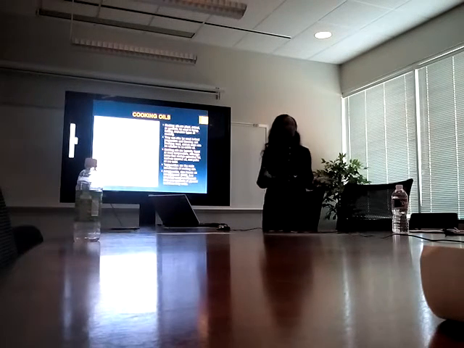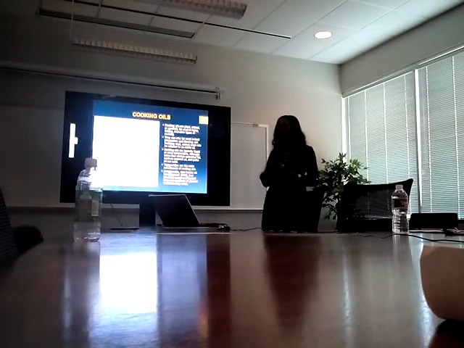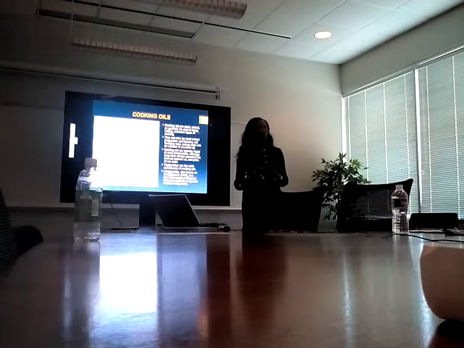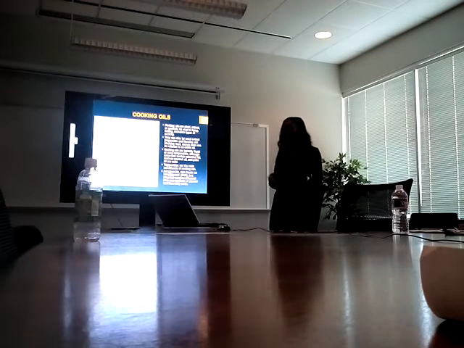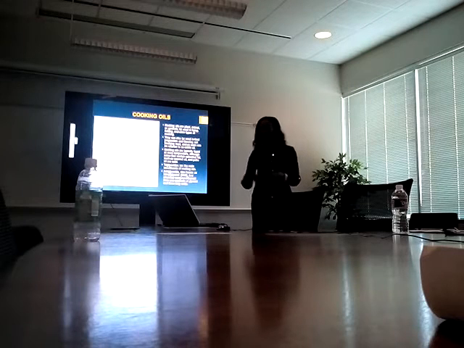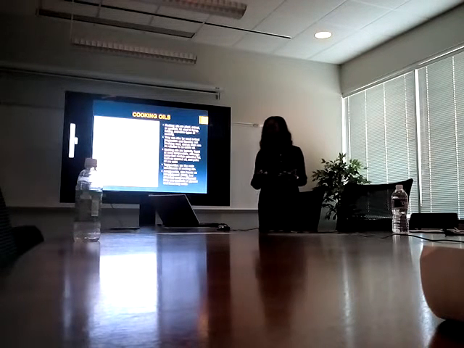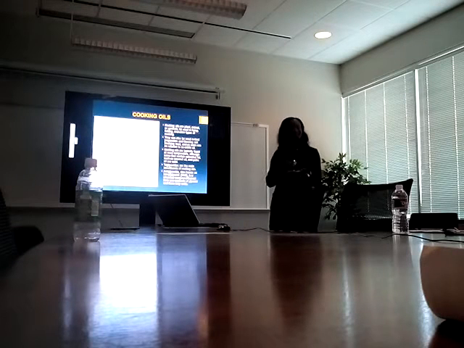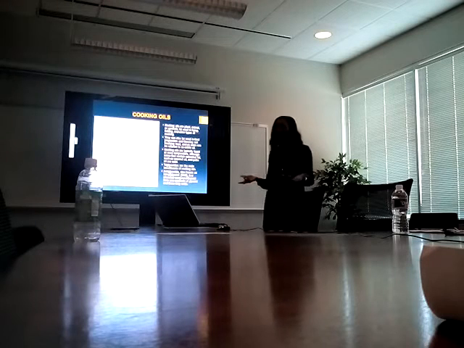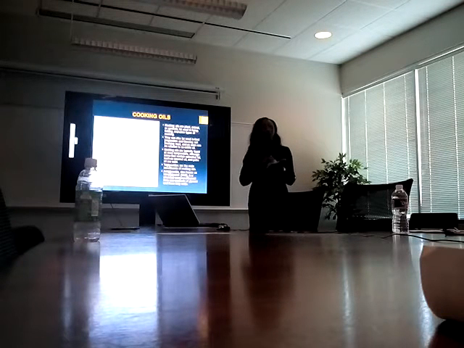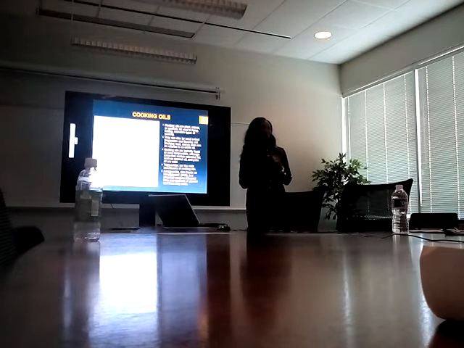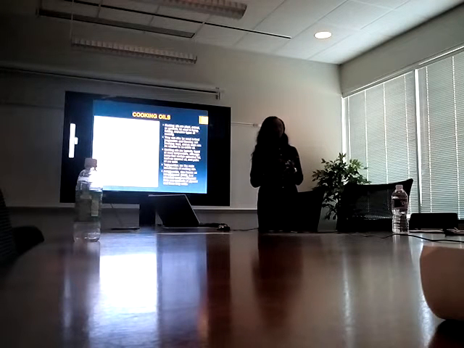The very first one is cooking oils. What are cooking oils? Cooking oils are plant, animal, or synthetic fats that are used in frying, baking, and other types of cooking. They can also be used in food flavoring and food preparation that does not involve heat. And as a result, that is why sometimes it's called edible oil. The main constituents of cooking oils are triglycerides.